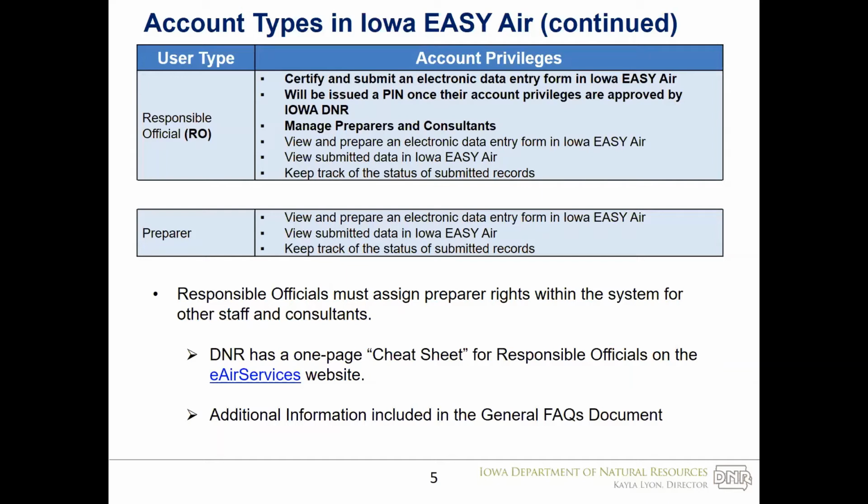So when a company wants a user to prepare a permit application in Easy Air, the link between user, facility, and application types is done under the RO's account. Remember, a preparer is an employee of the company, a consultant is a preparer outside of the company. If the user is a consultant who has staff working for them, each of those users needs to be granted access to the facility by the RO.